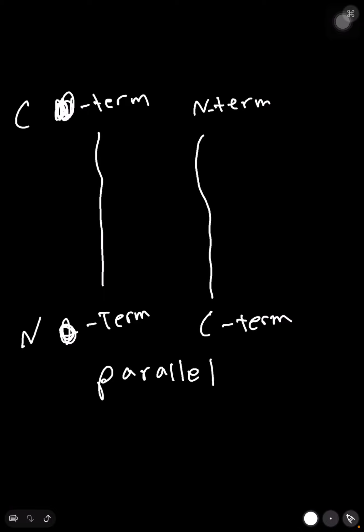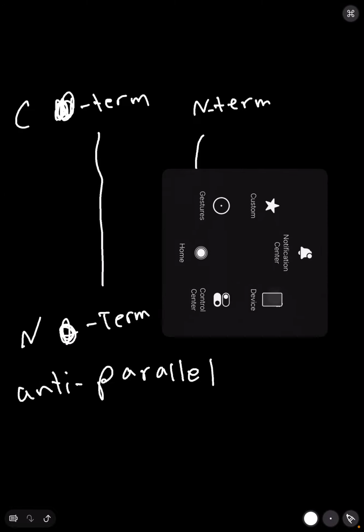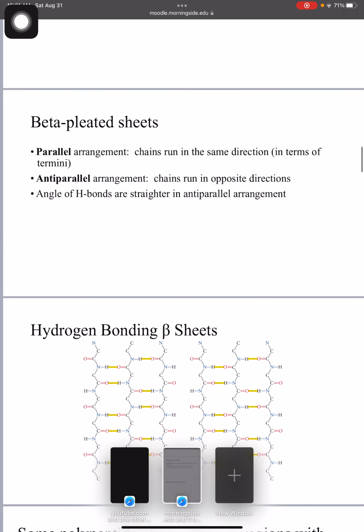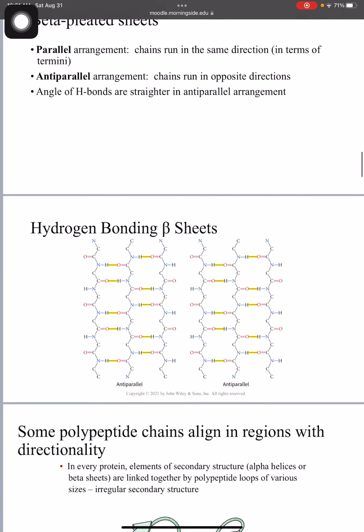However, if they were opposite, that would be an anti-parallel arrangement. Either way, you can get hydrogen bonding.